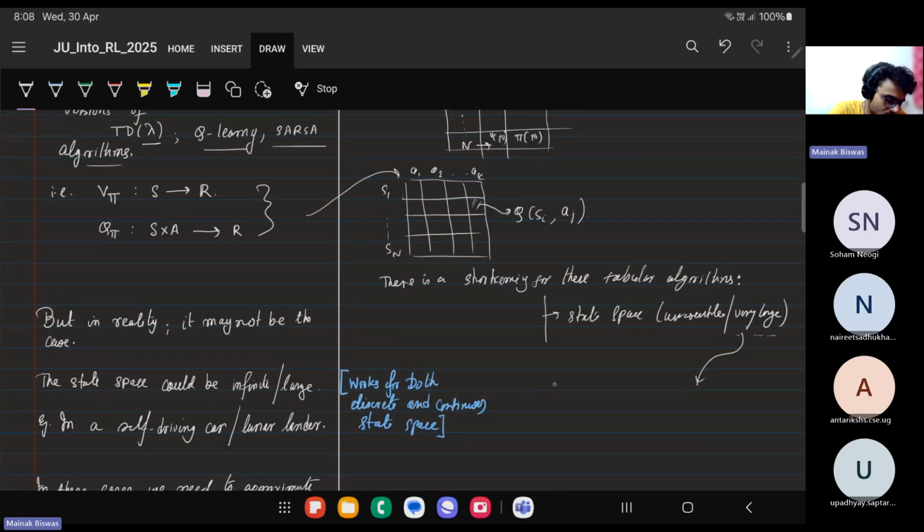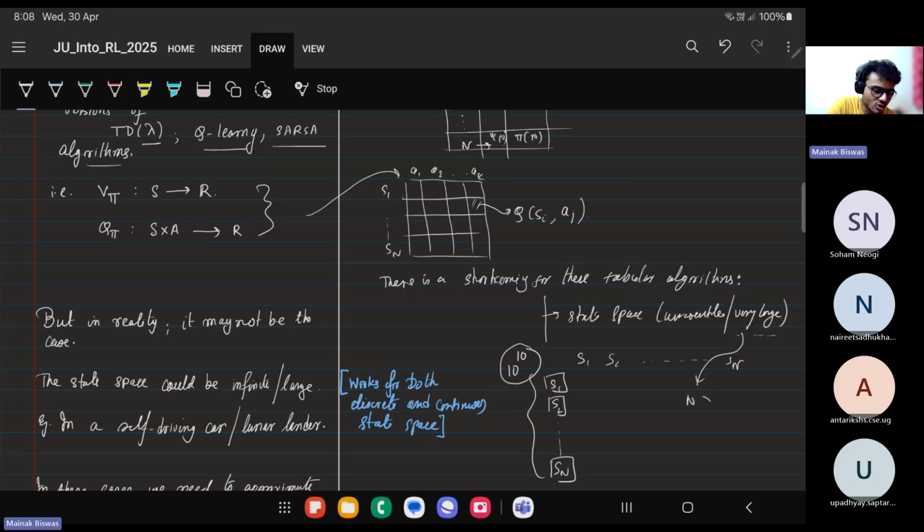So for example, you have S1, S2, dot dot dot Sn, say you have 10 to the power 10 states, right? In this case, whatever you want to learn, the value function, you have to store all of these states in memory. You cannot really do things where you have to access all the states at a particular time. For 10 to the power 10 states, if you have to find some transition probability matrix, that will be 10 to the power 10 squared, so 10 to the power 20, right?